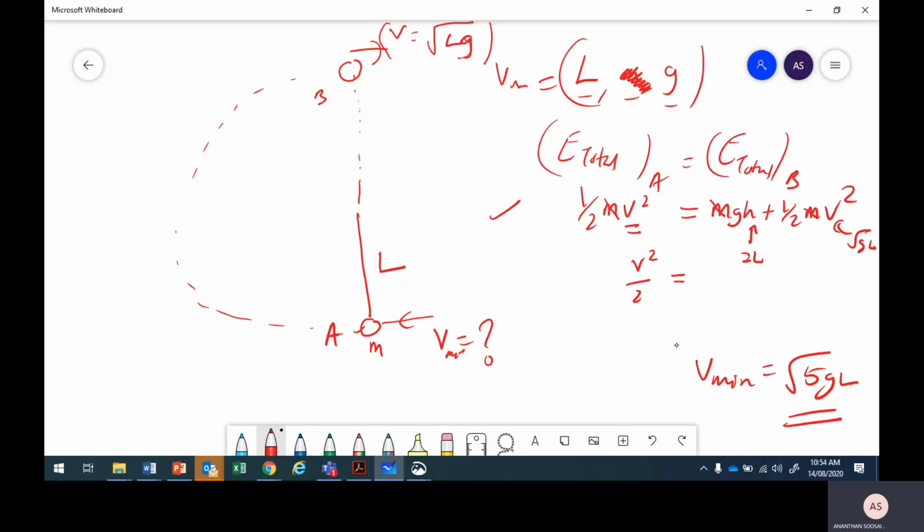V squared over 2 equals 2GL plus GL over 2. Times 2, you get 5GL for V squared. Then we get this answer.